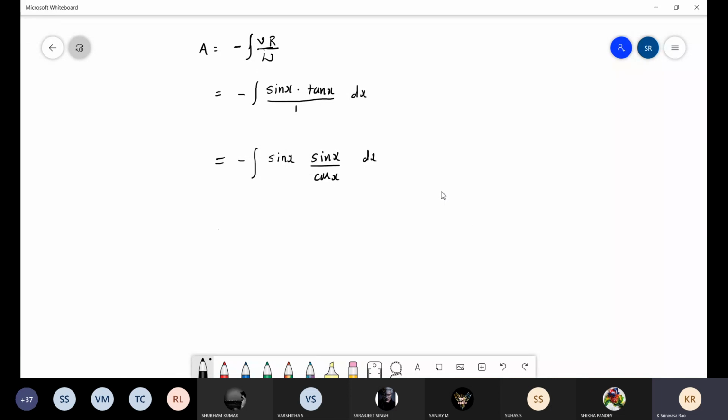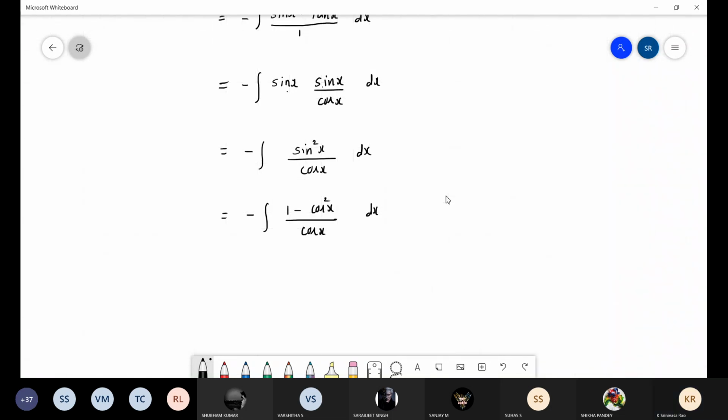So I will do minus integration of sin x into sin x, that is sin square x, divided by cos x dx. Why sin square? We have a formula in terms of cos x: sin square x can be written as 1 minus cos square x, divided by cos x. Now split the denominator: minus integration of 1 by cos x minus cos square x by cos x, which gives cos x.